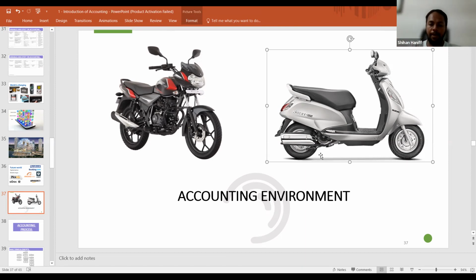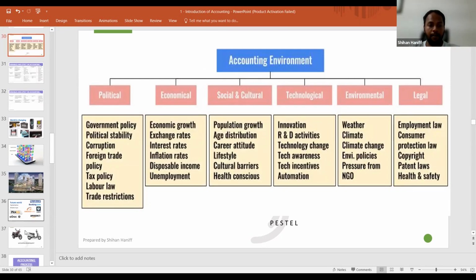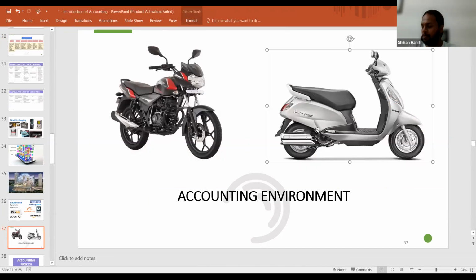So can you all tell me what are the environmental factors which affected the change from bikes to Scooty? From these environmental factors, you have to tell what factors affected the change from this to this.